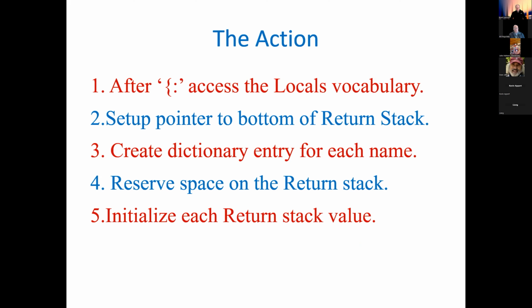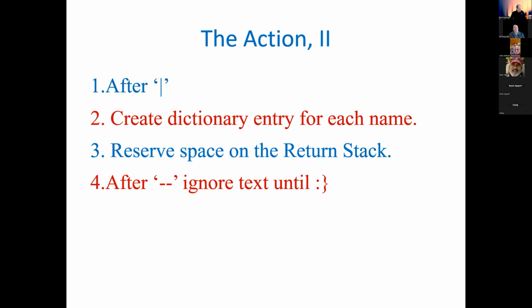That left brace colon sets up a pointer to the bottom of the return stack, does a little housekeeping. It then creates a dictionary entry for each of the names, in this case, Ann and Bob. It reserves space on the return stack for each of those variables, and it initializes them properly. Then it moves on to anything that's located after the stick element.